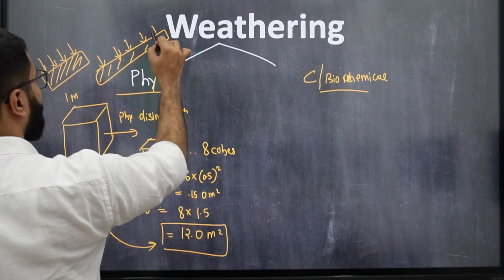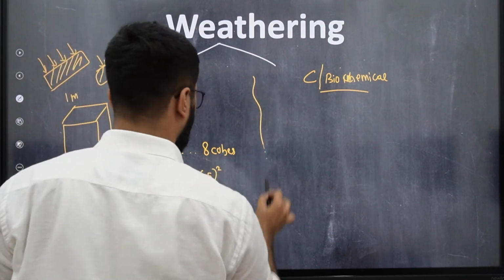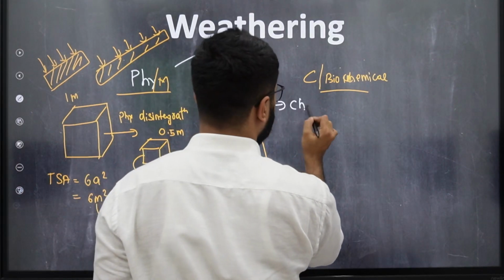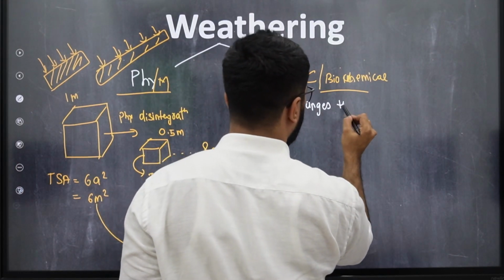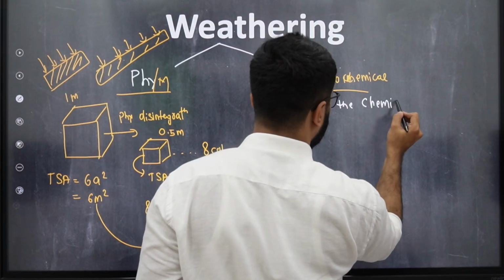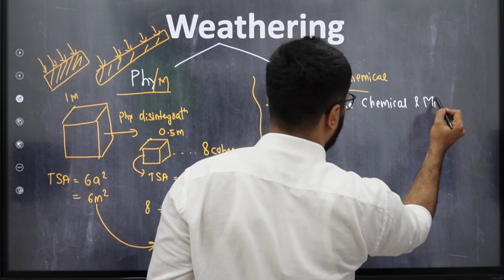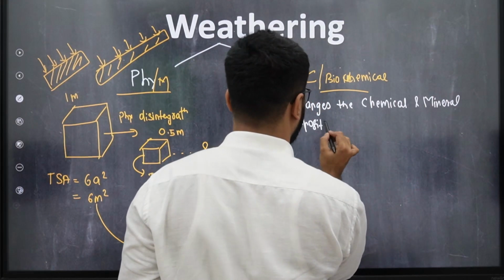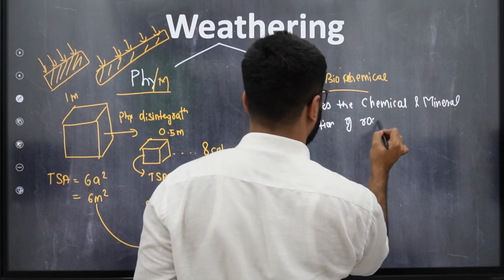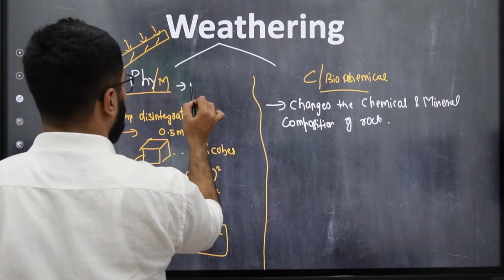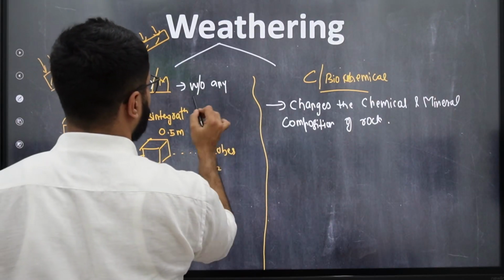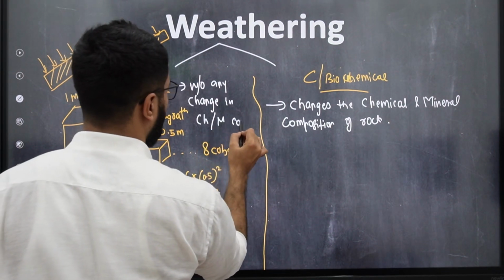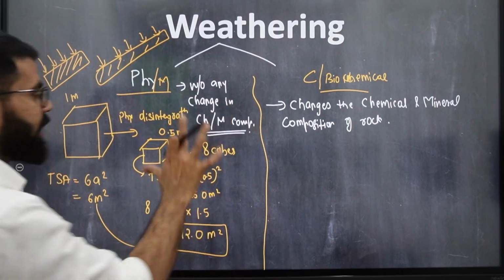Whereas chemical weathering also increases area, but primarily it changes the chemical and mineral composition of the rock, whereas physical weathering occurs without any change in chemical or mineralogical composition. That is the primary difference.